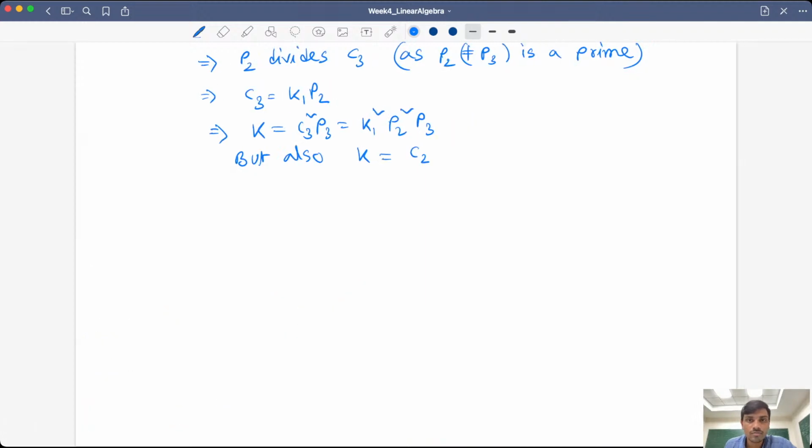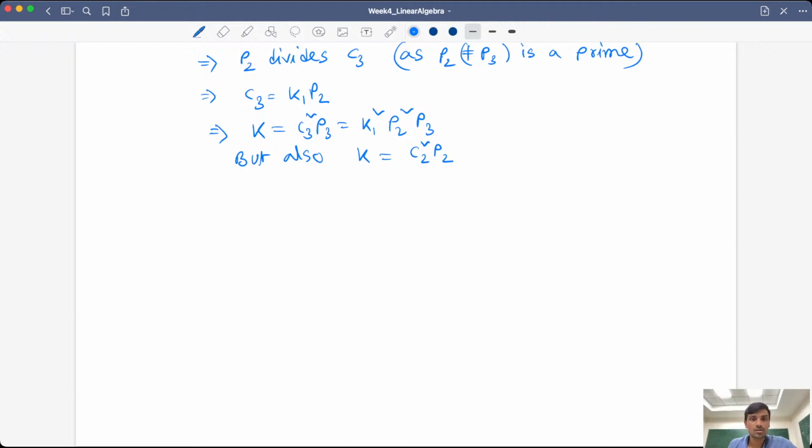So here again note the exponent of this P2, which is prime, can always be odd, because already the exponent of P1 is 1, and if P2 divides C2 square also, then the power of P2 in the total element K is some 2K plus 1, but in this case you only have some 2P for some natural number P.